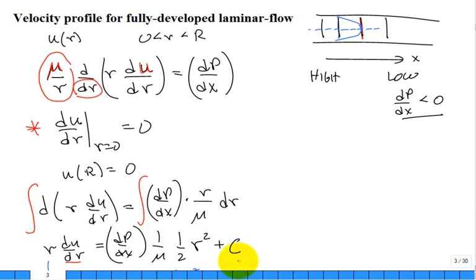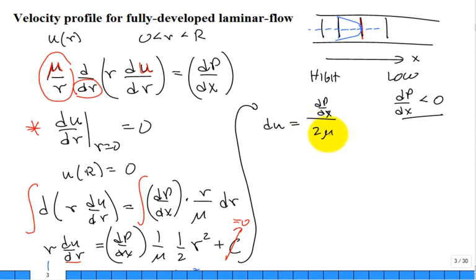Let me just go up here. So we conclude that this C is equal to 0 from that first boundary condition. Now we have to continue to separate and then integrate. So what we're going to have is du is equal to dp/dx over 2 mu, and now we're going to have r dr. Hopefully you can follow that.